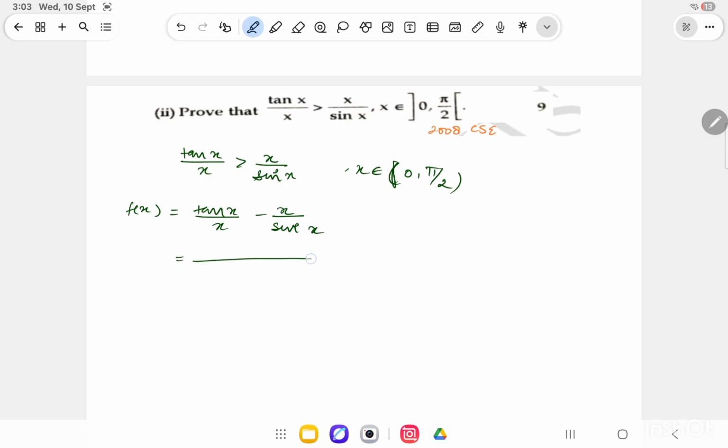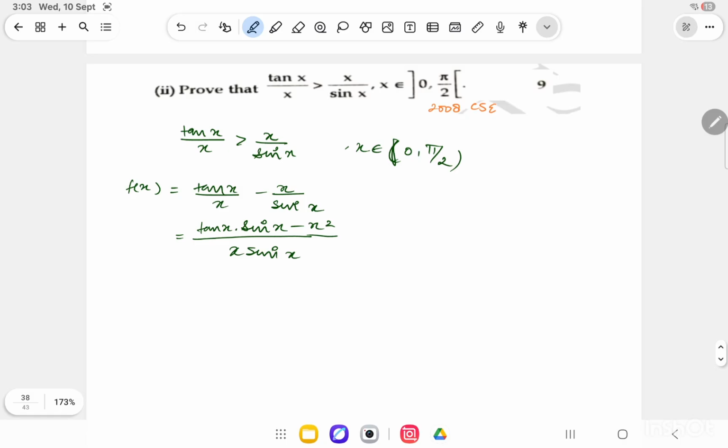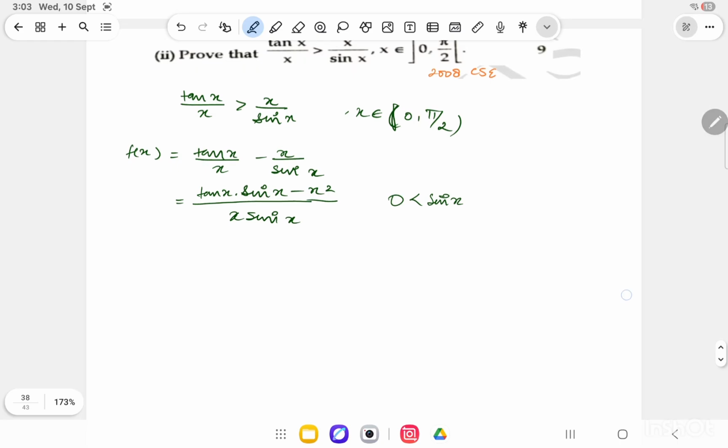So if I simplify it, I'll be getting (tan x sin x minus x square) divided by x sin x. So we know that in the open interval 0 comma pi by 2, sin x is greater than 0. Since 0 is not included in the interval, sin x is strictly greater than 0.